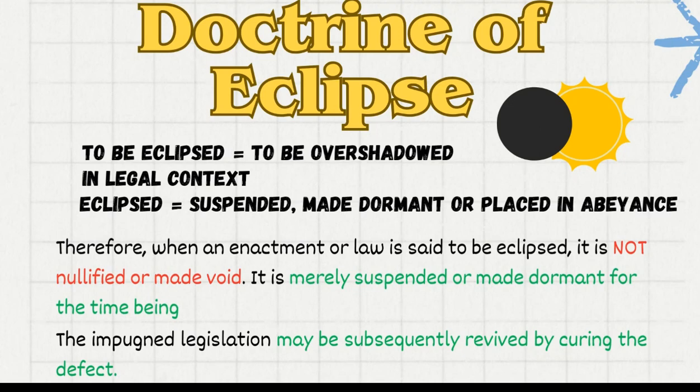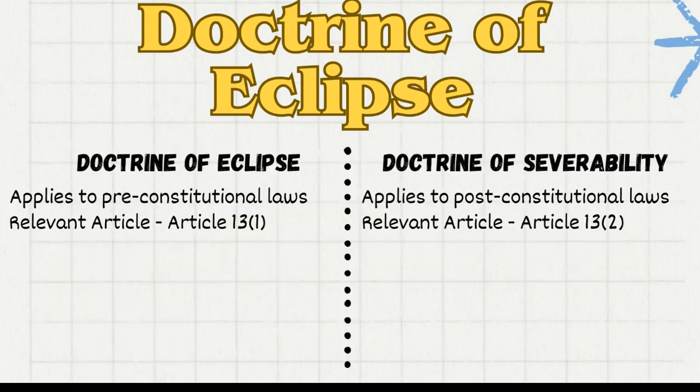Students often get confused between the doctrine of eclipse and the doctrine of severability. Therefore, in the next slide, we will try to distinguish between these two doctrines. So let us try and distinguish between the doctrine of eclipse and the doctrine of severability.